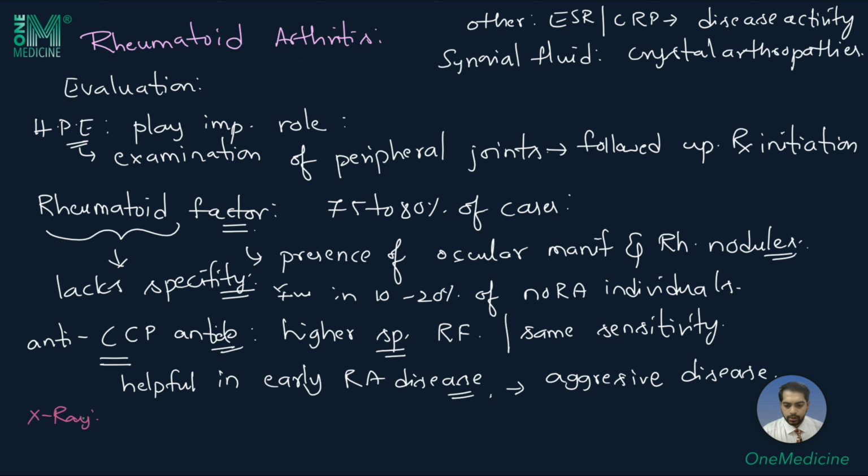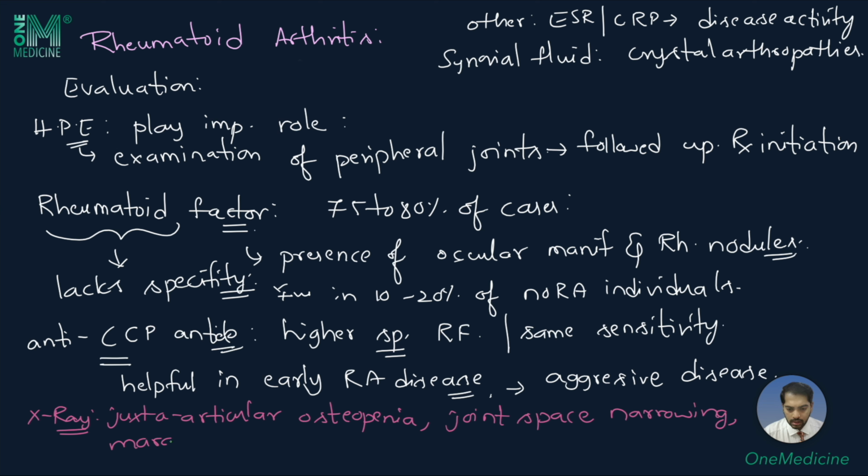X-rays in rheumatoid arthritis may show juxta-articular osteopenia, joint space narrowing, and marginal erosions. In patients with rheumatoid arthritis, a chest X-ray should also be obtained to rule out pulmonary manifestations of the disease.